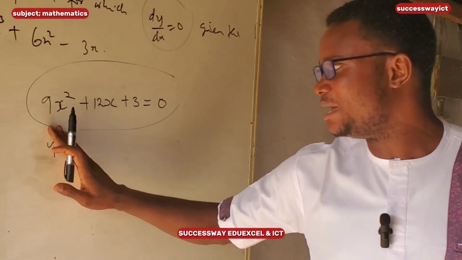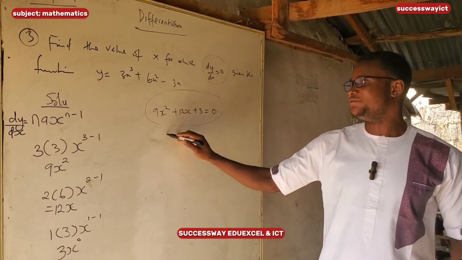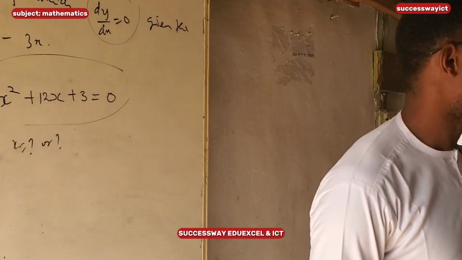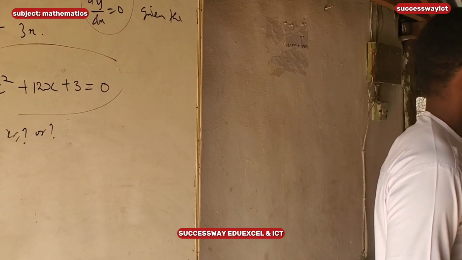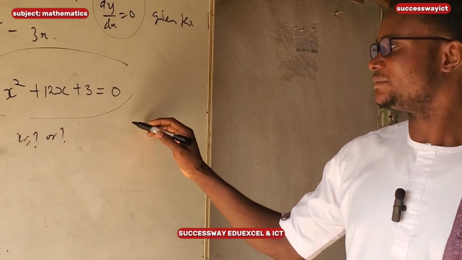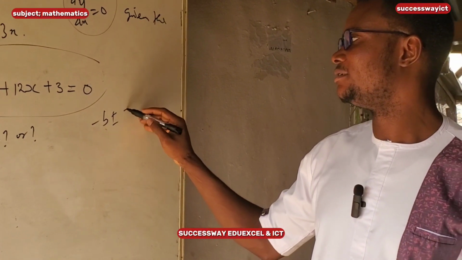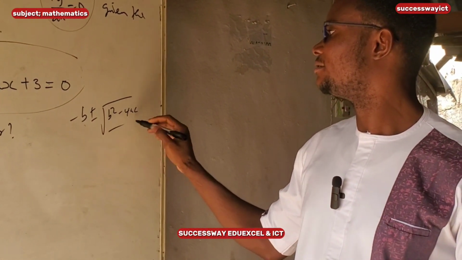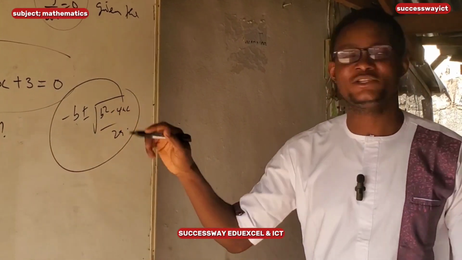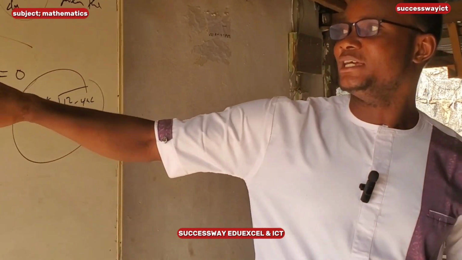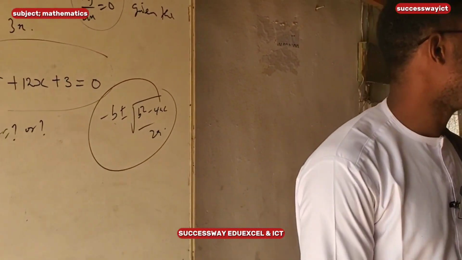So apply the formula method to this guy here, and you have the values of your x equal to this or this. Is that okay? What's the formula method for quadratic? So hope you all know how to use this. Good. Use this here, and then you have the values of your x.